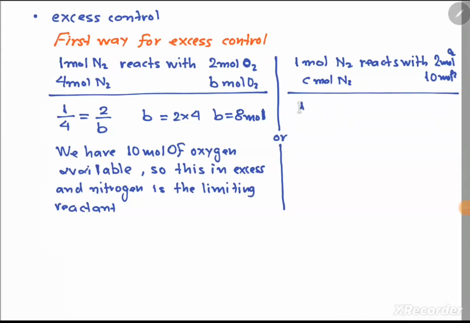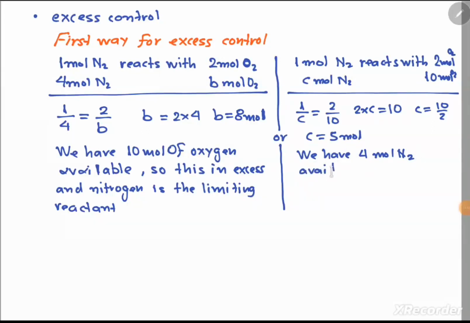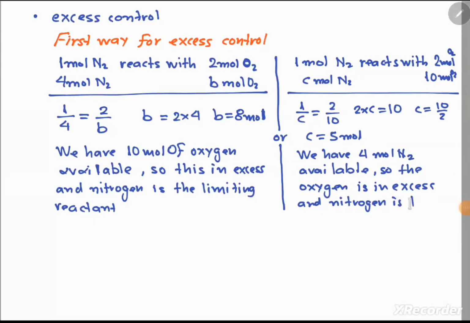We solve the ratio, and we have 4 mole of nitrogen available, so the oxygen is in excess and nitrogen is the limiting reactant.